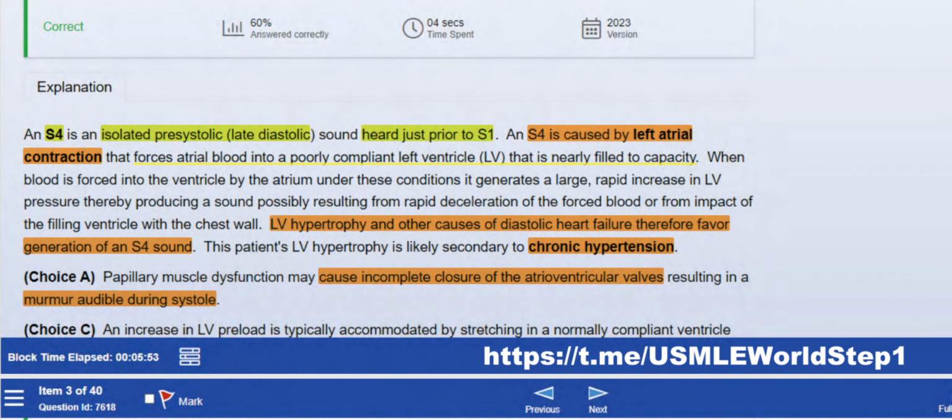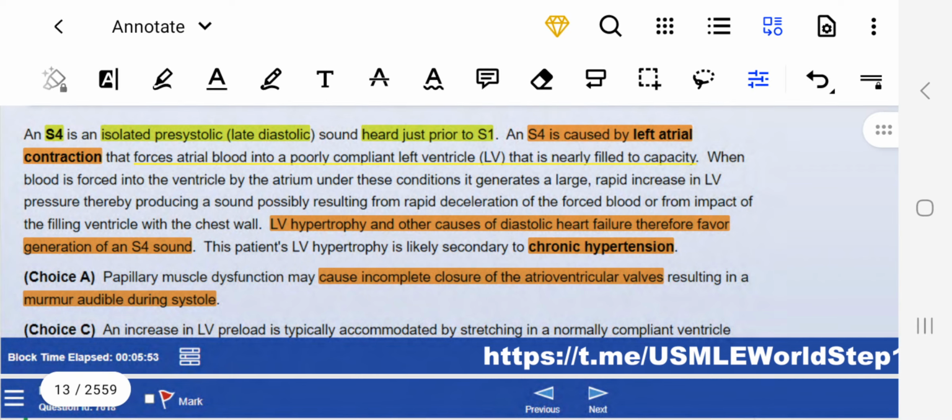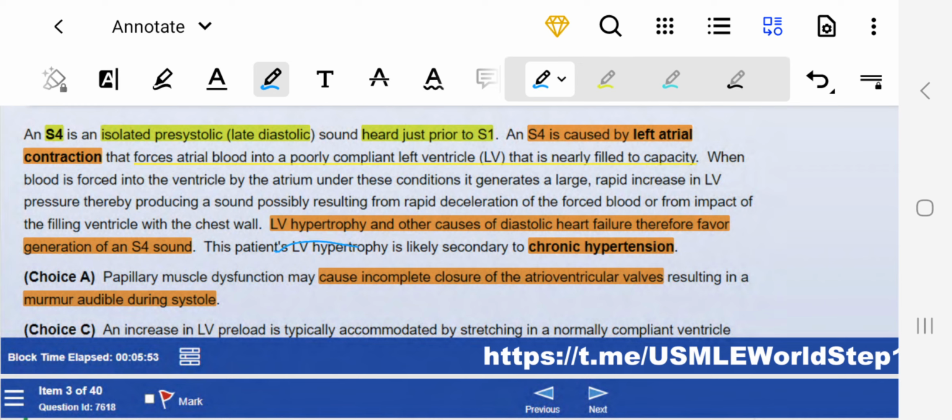That forces atrial blood into the poorly compliant left ventricle, which is nearly filled to capacity because of hypertrophy. Left ventricular hypertrophy and other causes of diastolic heart failure therefore favor generation of an S4 sound.